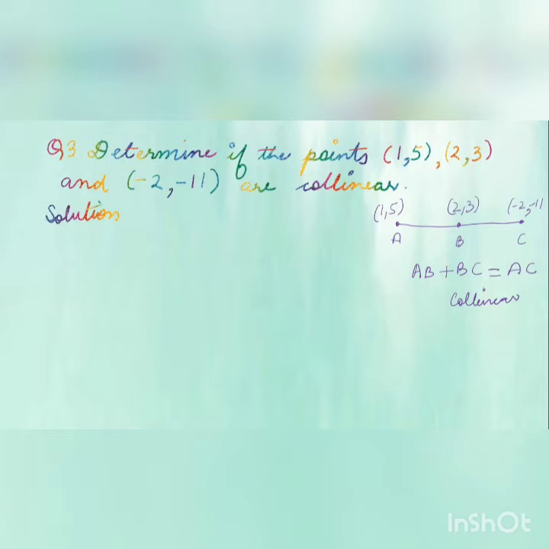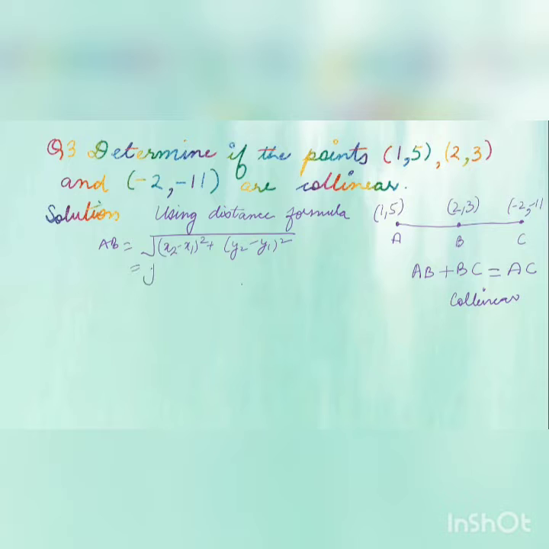Now just calculate, using the distance formula. AB is the square root of (x2 minus x1) square plus (y2 minus y1) square.